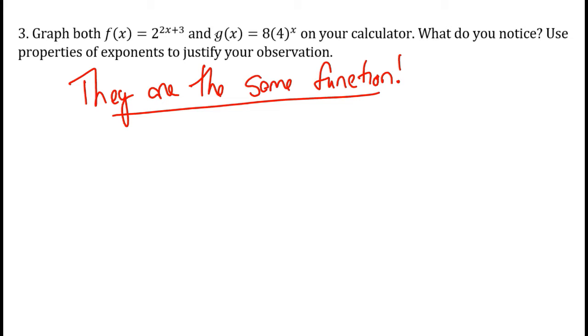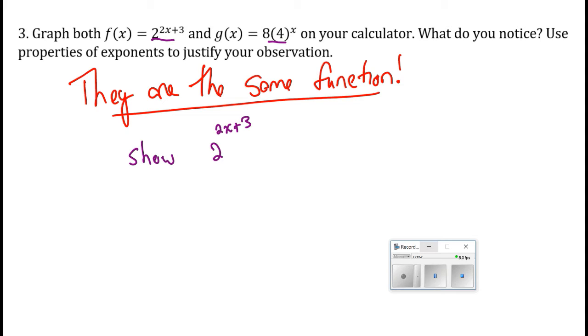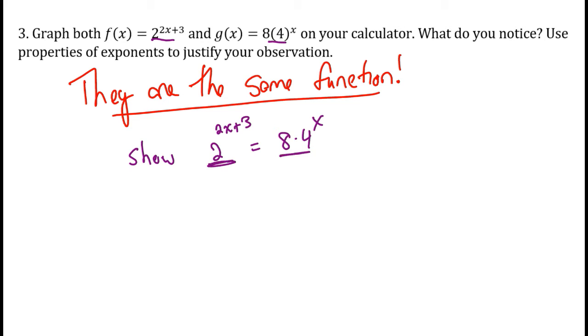Somehow I need to show that these two quantities are actually the same. 2 to the 2x plus 3 equals 8 times 4 to the x. So you can start with either side, but I need somehow to manipulate one of these sides and show that it's the other one. I think the most straightforward way is to start with this side and make it look like that.